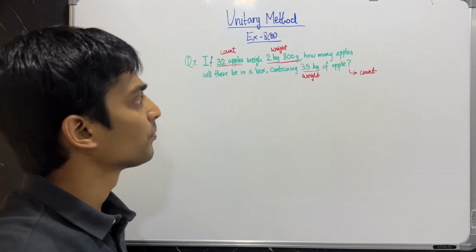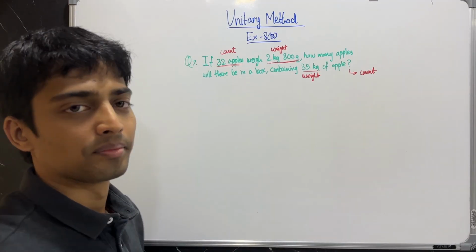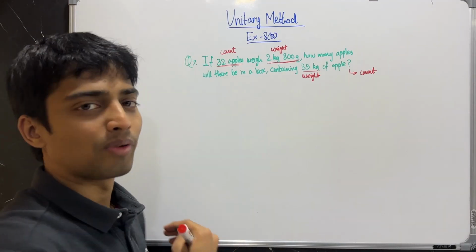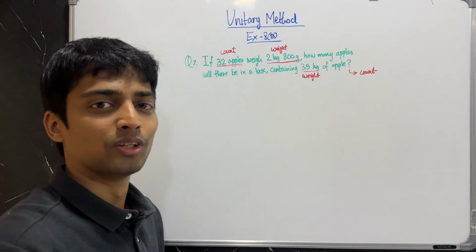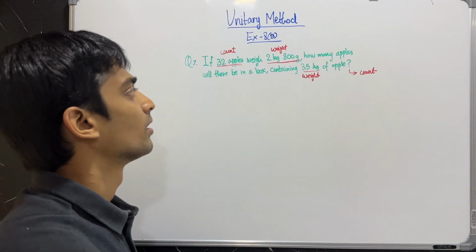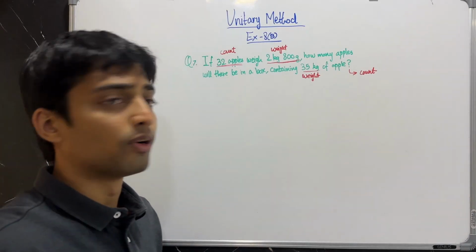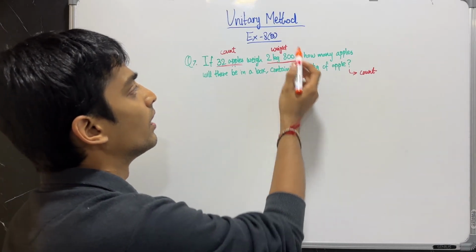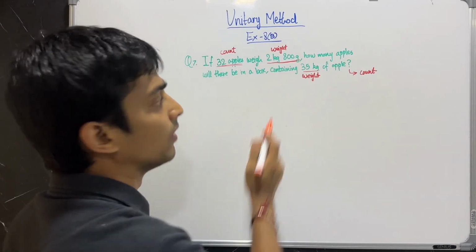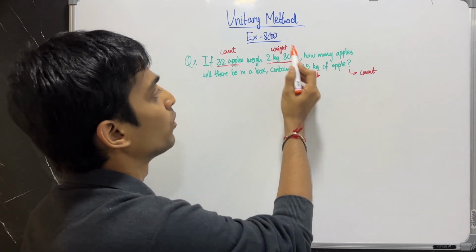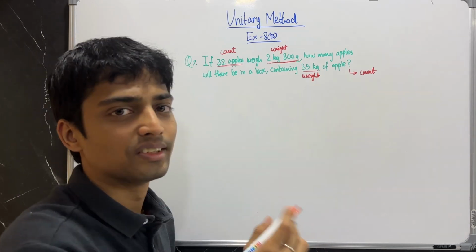Let's first understand count and weight. With the increase in number of apples, the weight will also increase. So this is a direct variation. Now that we know it's a direct variation, we can make a table. We can first convert this into a single unit, let's convert them both into gram, so it's easier for us.